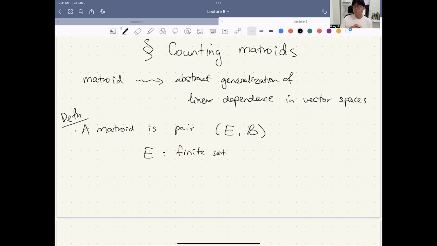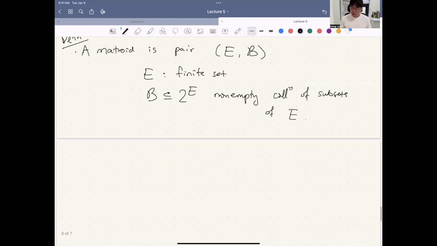And B is nothing but a non-empty collection of subsets of E, satisfying one axiom called the base exchange axiom.